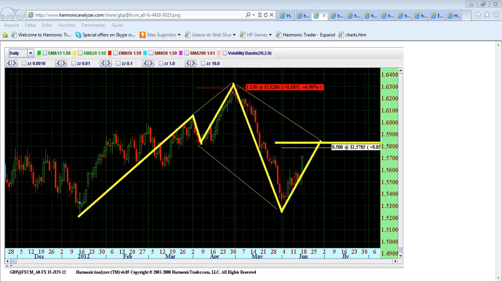I think a lot of people can grasp the fundamental measurement techniques of pattern structures, and people are having success with the patterns, which is great. But the problem lies when certain patterns don't work out, or in having that greater understanding of knowing which patterns can be relied upon to give a larger move versus which patterns are merely a little counter-trend reactive reversal that really doesn't yield much.